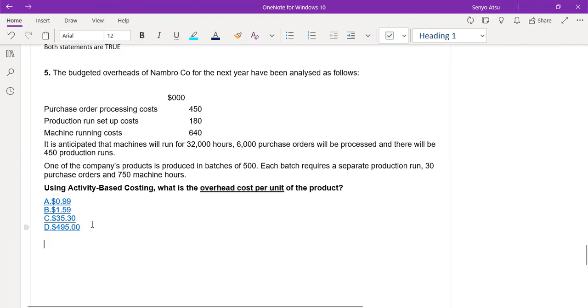Solutions to ABC begin with calculating overhead absorption rates for the different activities. You are doing this on paper in the exams, so you are not writing everything I'm typing now. You just write it the way you understand it, and that's enough.